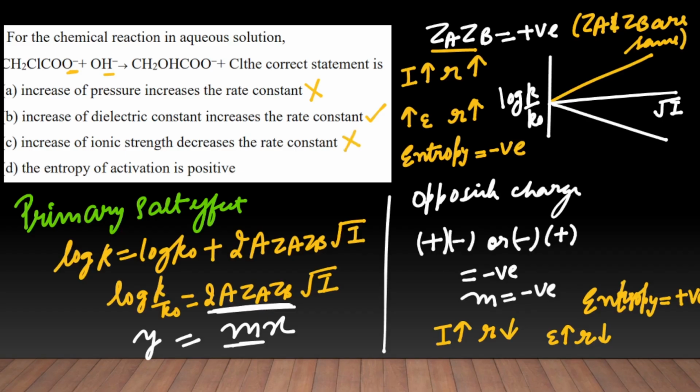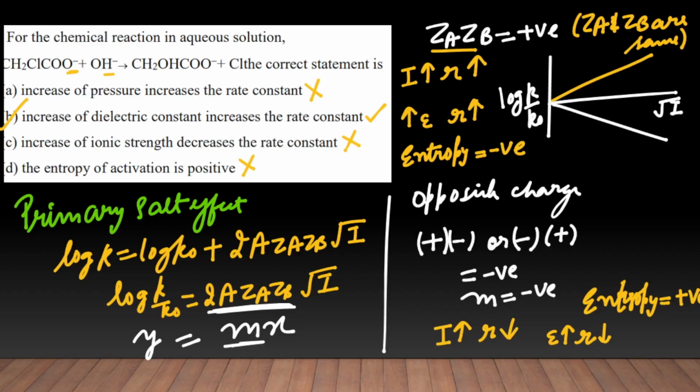It is incorrect, because when same charges are present, with the increase in ionic strength the rate constant increases and does not decrease. Next is entropy of activation is positive. For same charges, entropy of activation is negative, not positive. So the correct answer is option B.